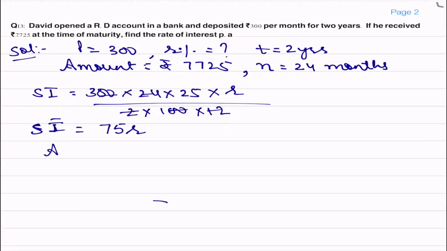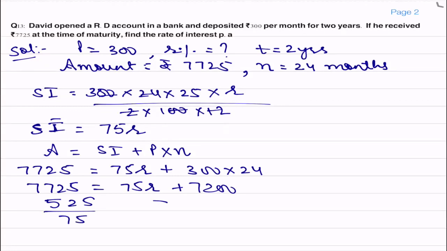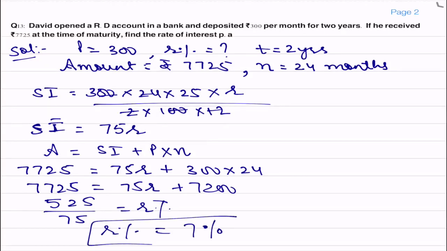Substitute in the formula of amount, SI plus P into n. So amount formula is given. Amount is simple interest plus principal into 24, that is number of months. So after putting the values, we will do the calculation. The rate of interest is 7%. So this is our answer.